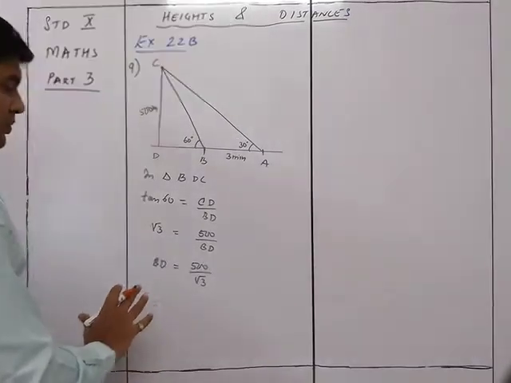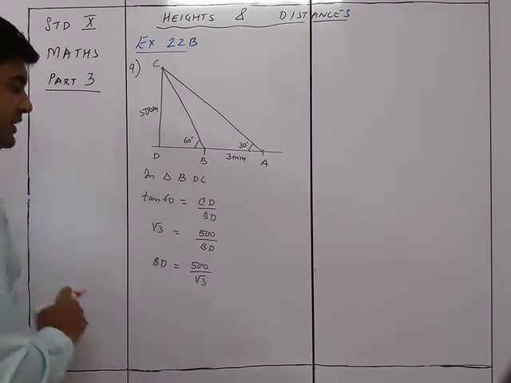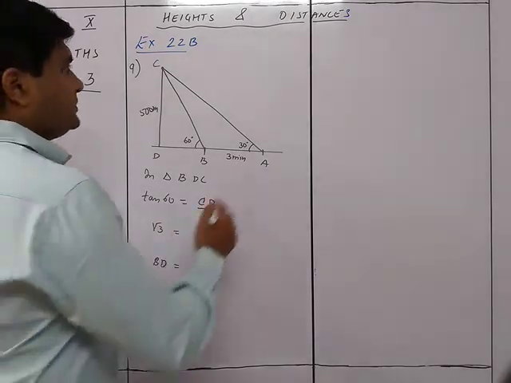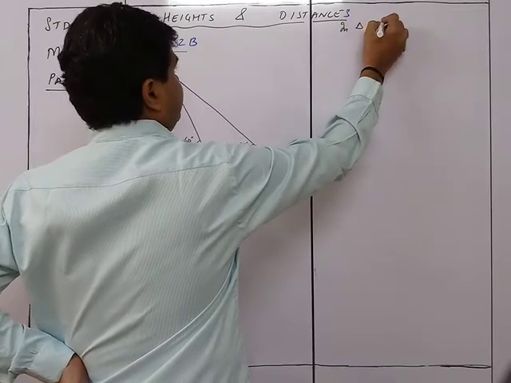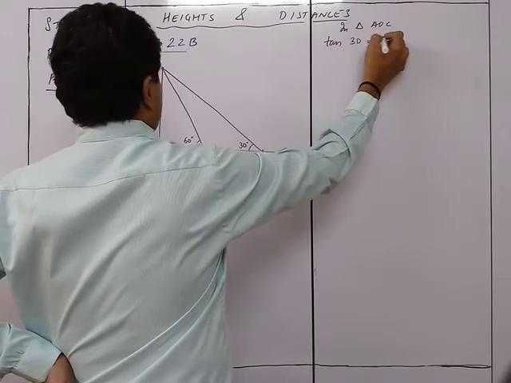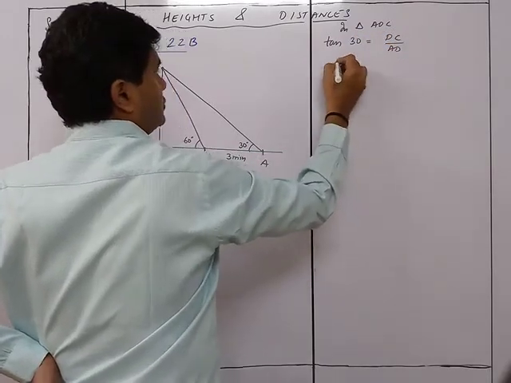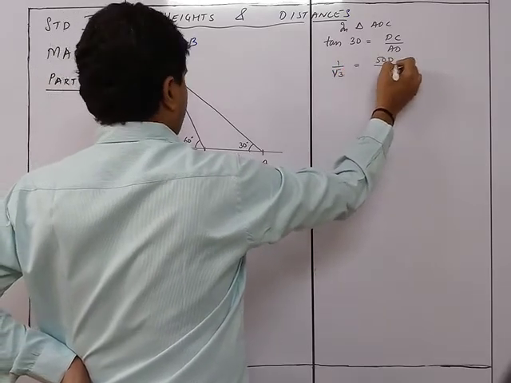Let us see whether you need to change it or not. You will not need to change it. Root 3, it will be done. Let us leave it here. Now the second part is in triangle ADC, tan 30 is equal to DC upon AD. So 1 upon root 3 is equal to 500 upon AD.